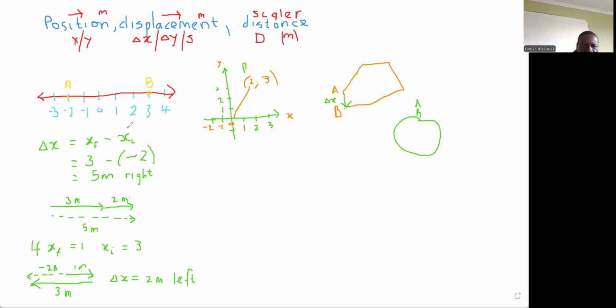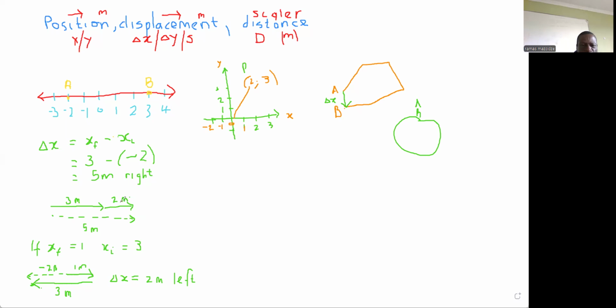Now another way, if you don't want to use this formula, is to do it diagrammatically. Whenever you are adding or subtracting vectors, you are basically summing them up. So this is equivalent to 3 plus 2. You draw the position vector, 3 meters. That is the final position, B. Then the initial position is being subtracted and it was negative, so you are actually adding it.